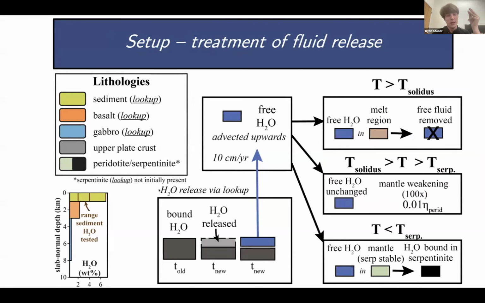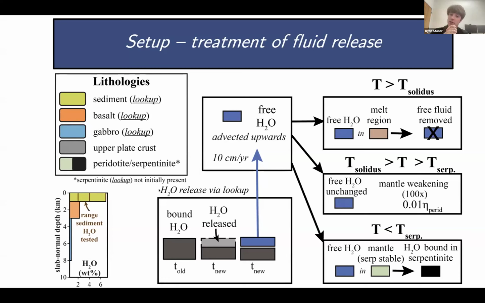Then it can have three possible fates. Either it gets into a region where melt might be stable, and then we remove it from the system, because we expect that any water that comes into contact with melt will just be absorbed in the melt. So that's not the focus of our work. Otherwise, we weaken the mantle wedge by 100-fold if it's not within the melt region.